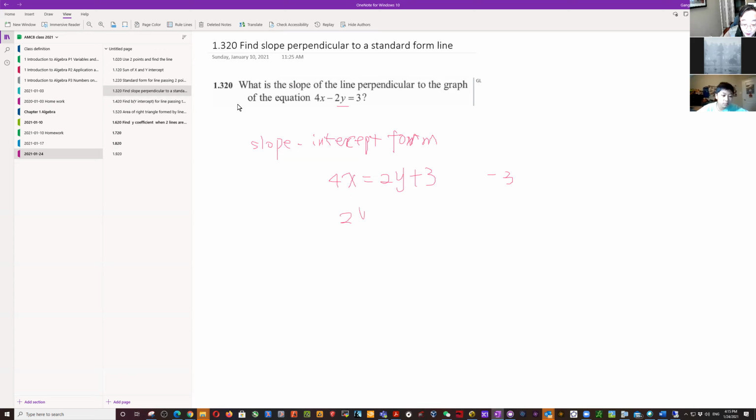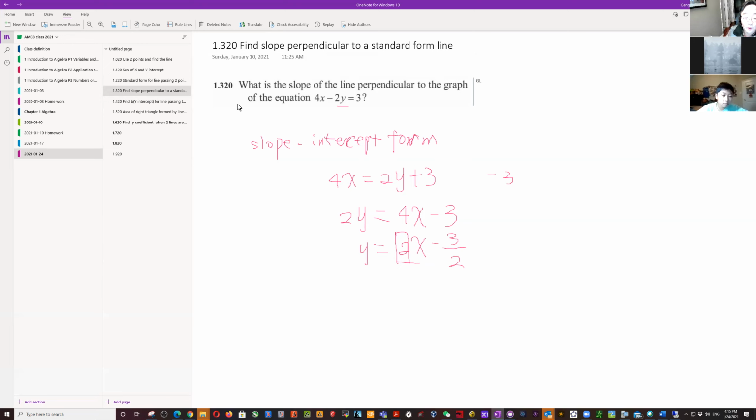So 2y, because the 3 is canceled out, equals 4x minus 3. Then we can divide by 2 on both sides. y equals 2x minus 3/2. So the slope is going to be 2.